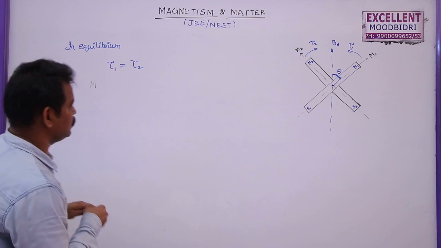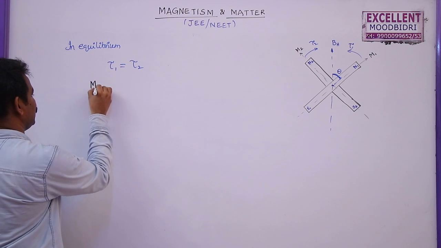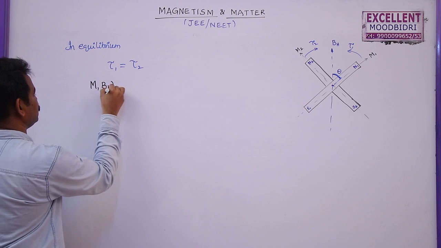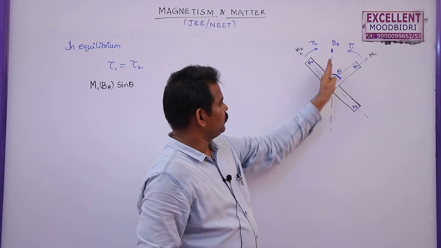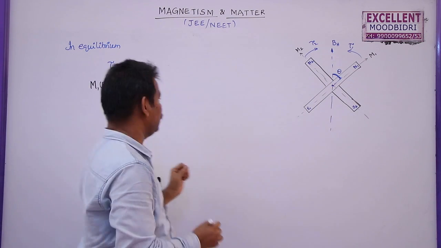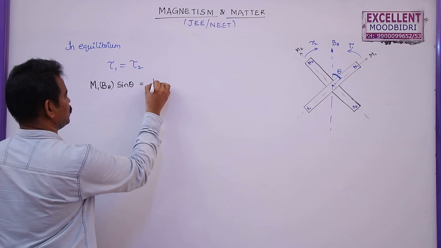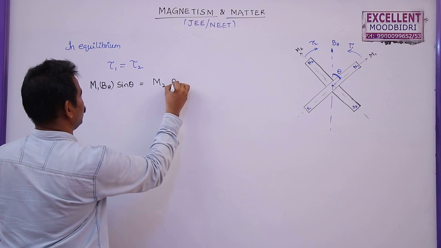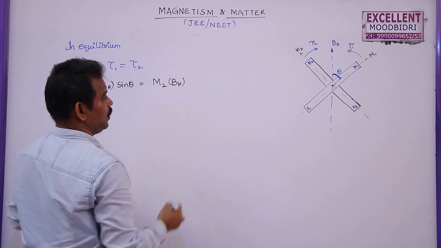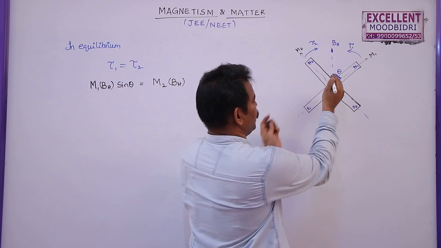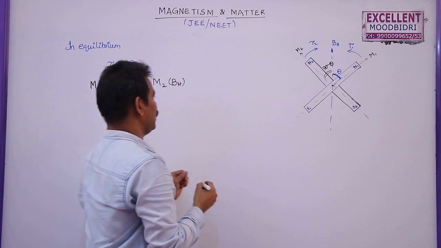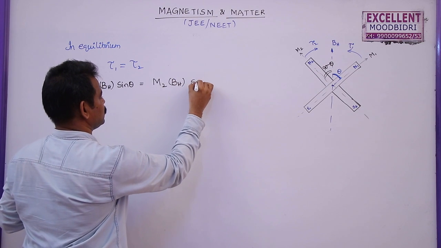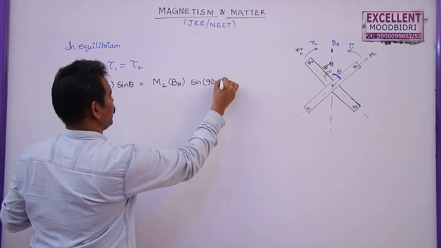Here I am going to write the first one as m1 BH, the angle between this and the horizontal magnetic field is theta, so sin theta, which is equal to m2 BH. And you can see, as these two are perpendicular, this angle will be 90 minus theta. So I am going to write sin(90 minus theta).